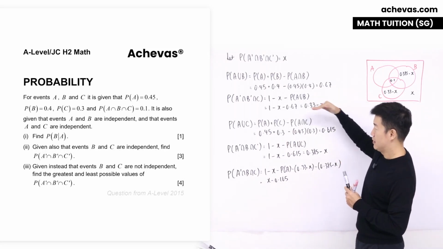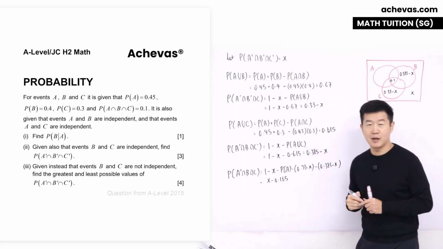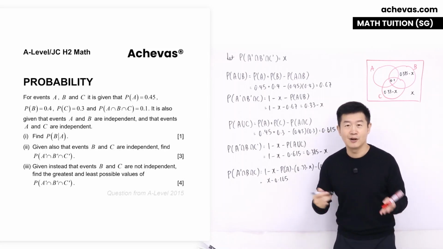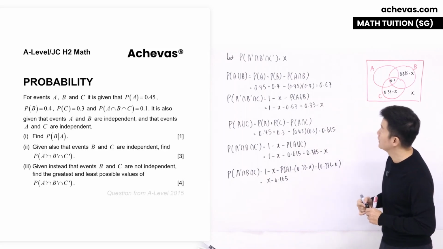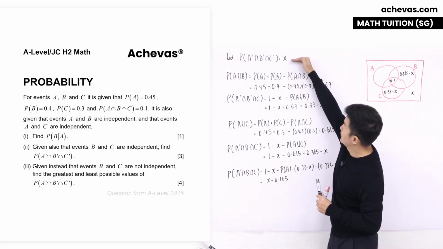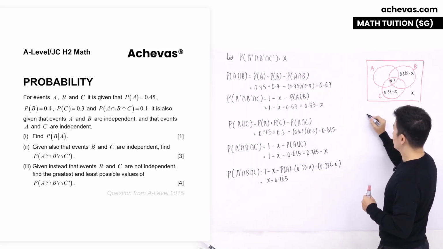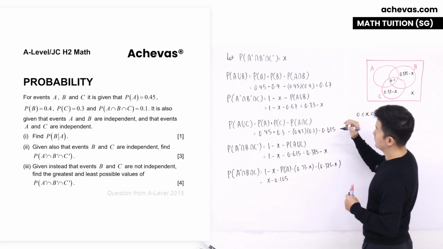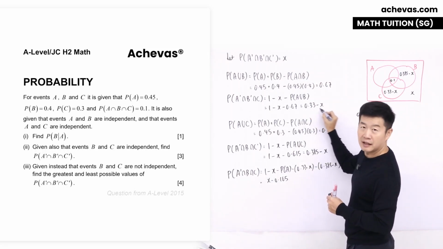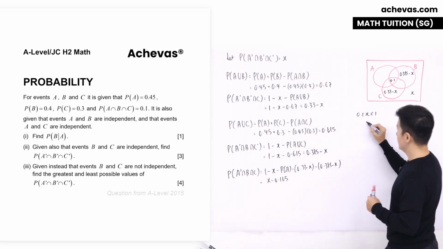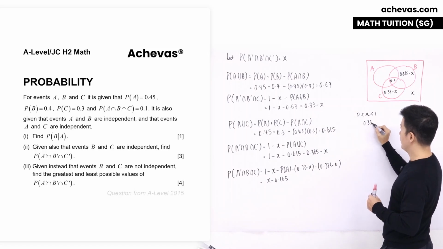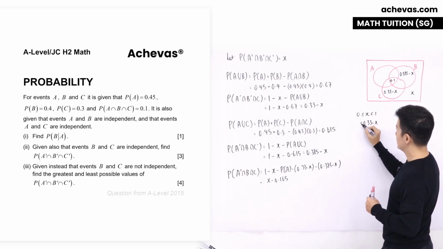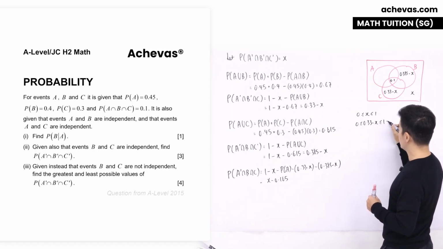So now we have all the probabilities that are related to X, and in general, probabilities are always going to be between 0 and 1. So let me start from here. I know that X is going to be between 0 and 1. As for the next one, another probability related to X, 0.33 minus X is going to be between 0 and 1.